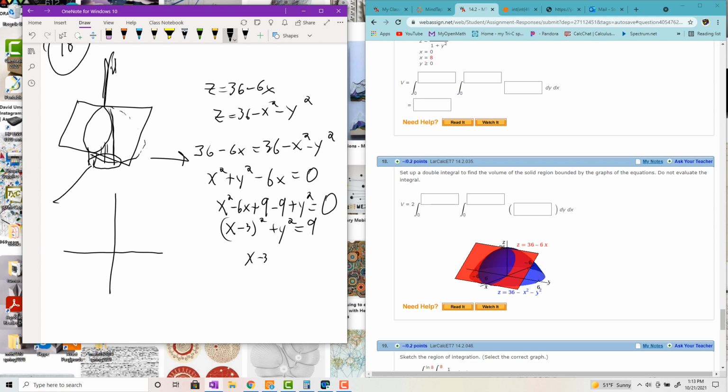And so I have an ellipse, no, actually a circle just shifted. Plus y squared over 9 is 1. So 3 is the center. The radius is 3. And so the projection of that thing into the xy plane is actually this.